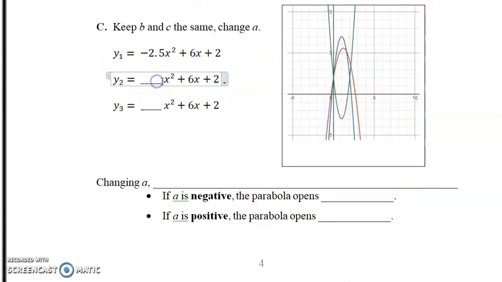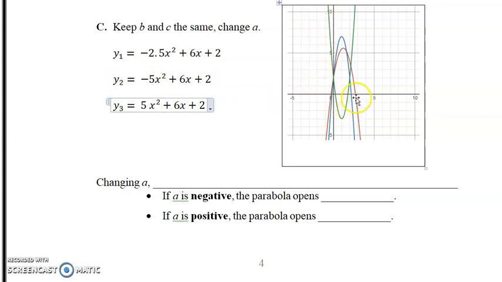When we made a positive 5 for the coefficient, we saw what happened. When we made it negative 5, it made the negative 2.5 narrow. But when we made a positive 5, it also opened the parabola upward instead. So we have to make note of that, which is pretty interesting.